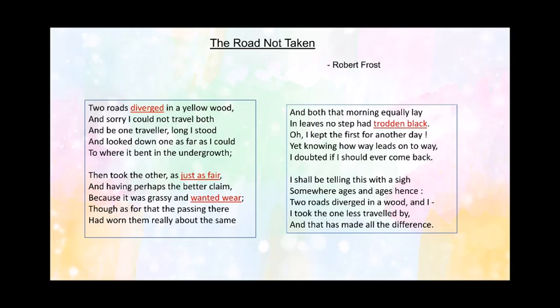Then took the other, as just as fair, and having perhaps the better claim, because it was grassy and wanted wear, though as for that the passing there had worn them really about the same, and both that morning equally lay in leaves no step had trodden black. Oh, I kept the first for another day.